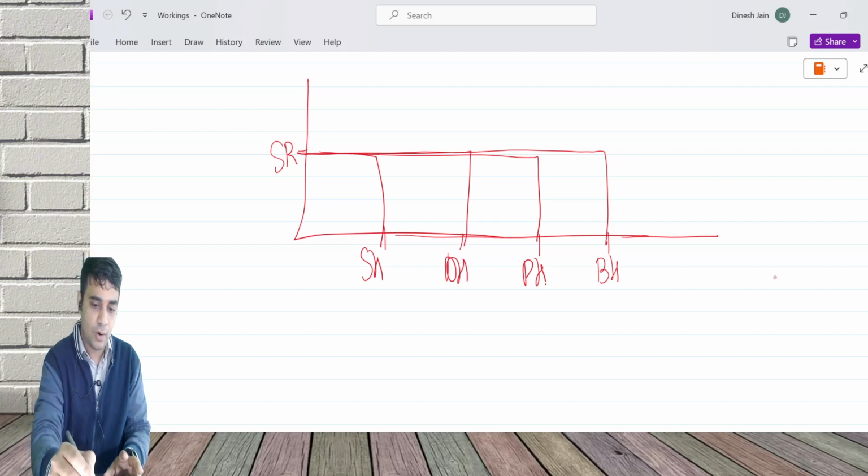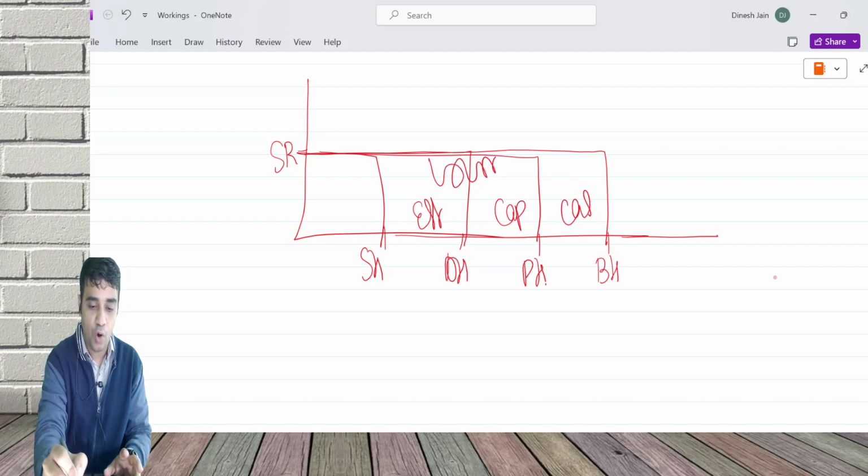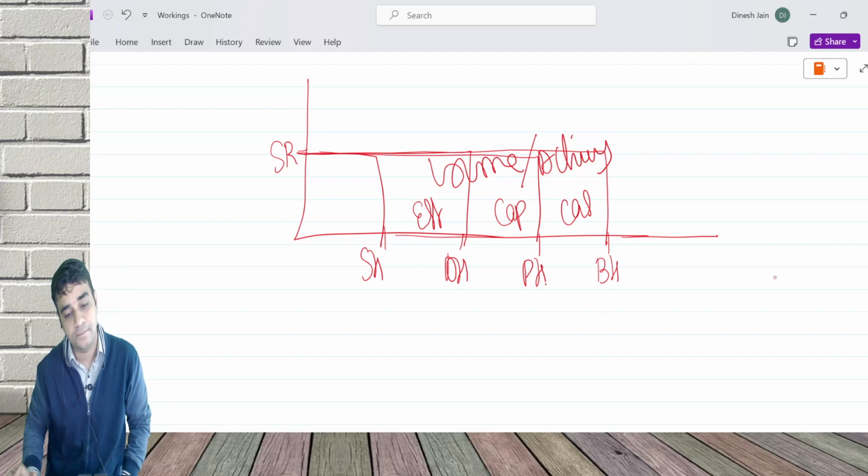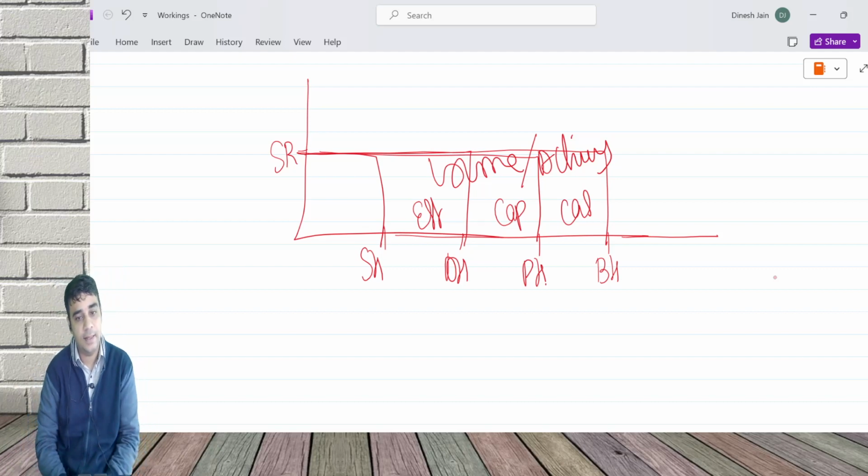So this is called efficiency, capacity, calendar, and together is called volume. The other name for volume is activity. We are not even going to write SR in the table. It doesn't serve any purpose. Volume is otherwise called activity.